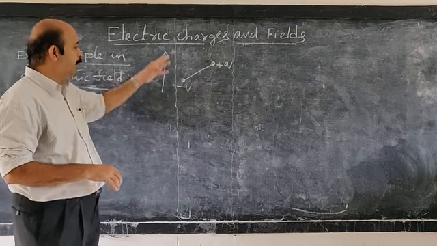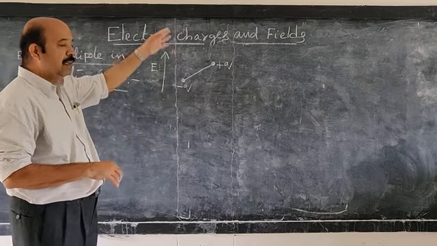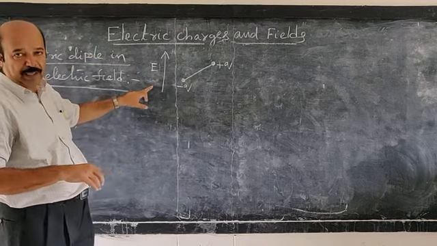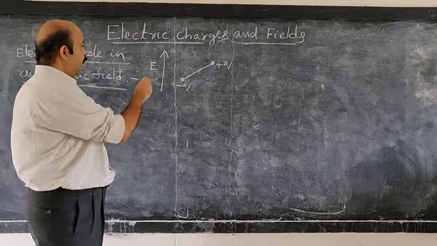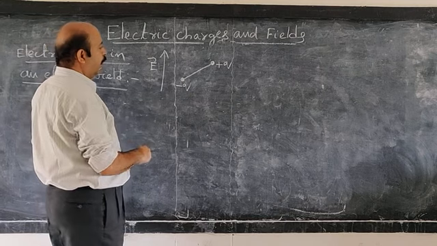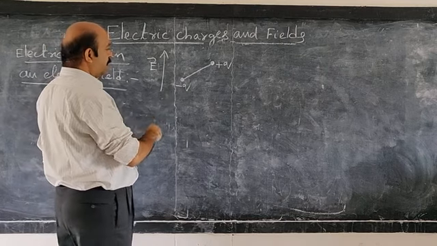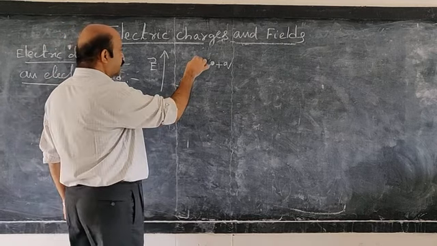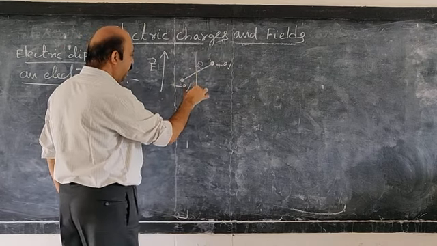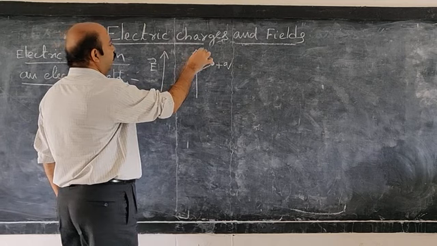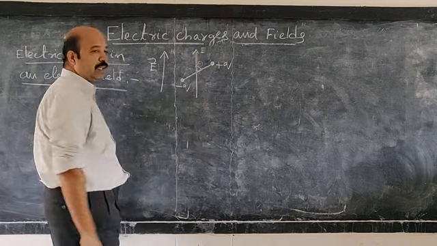So, here let us imagine all the field lines are parallel, and I have shown one such arrow showing the direction of the electric field. Now, the dipole is at an angle. This is the angle made by the dipole axis with the direction of the electric field.